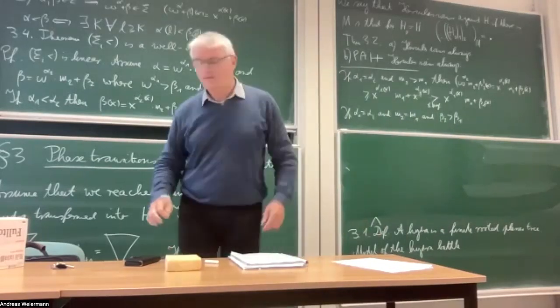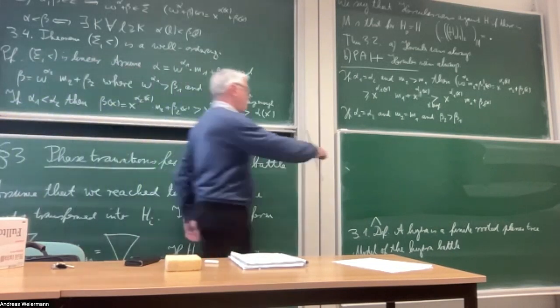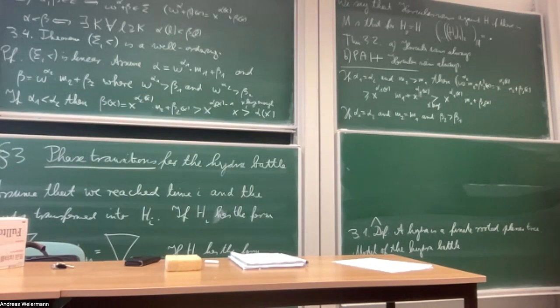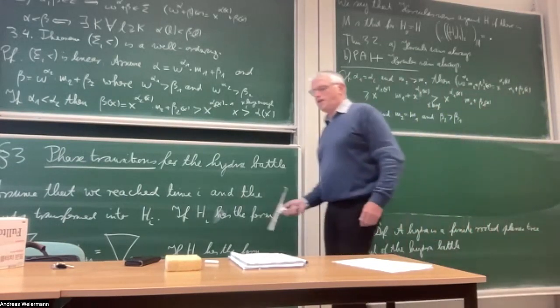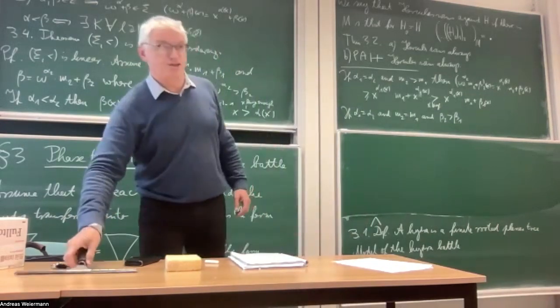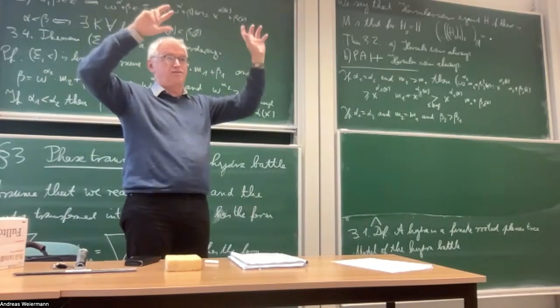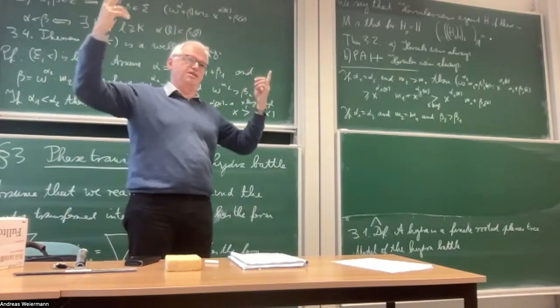We are using induction, right? But why can we use induction? Because we haven't proven yet that it's well founded. We are using induction on the length of a description. So the complexity of alpha and the complexity of beta is smaller than the complexity of omega to the alpha plus beta.